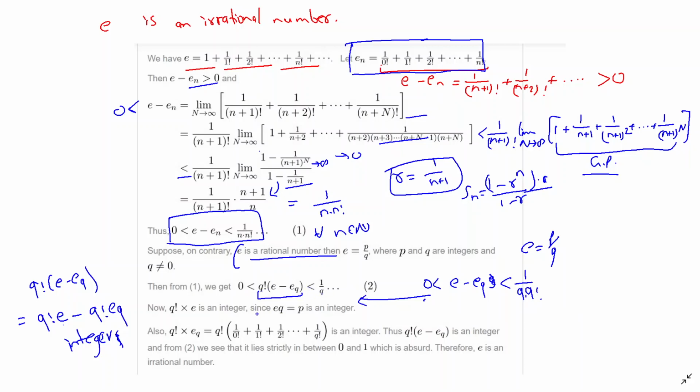So what we are getting is, between 0 and 1, an integer, which is a contradiction. We are getting an integer in between 0 and 1, which is absurd. That's why our hypothesis that e is a rational number is false, and we have proved that e is an irrational number. Okay.